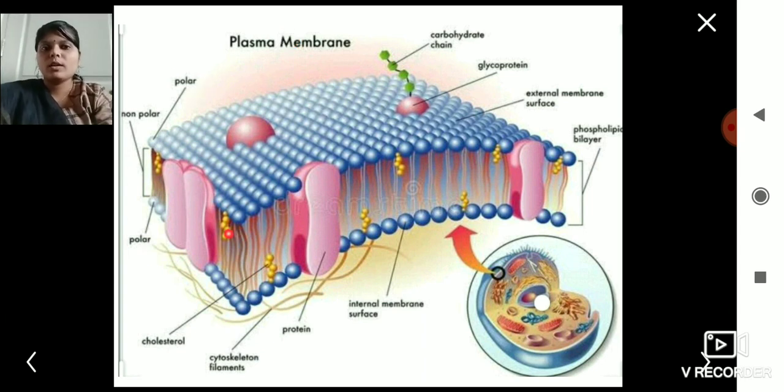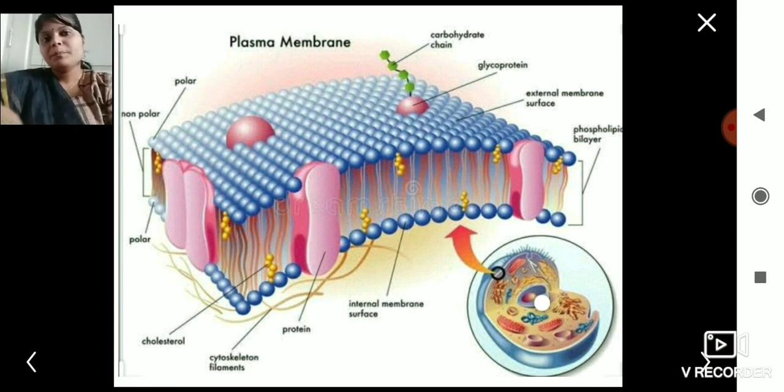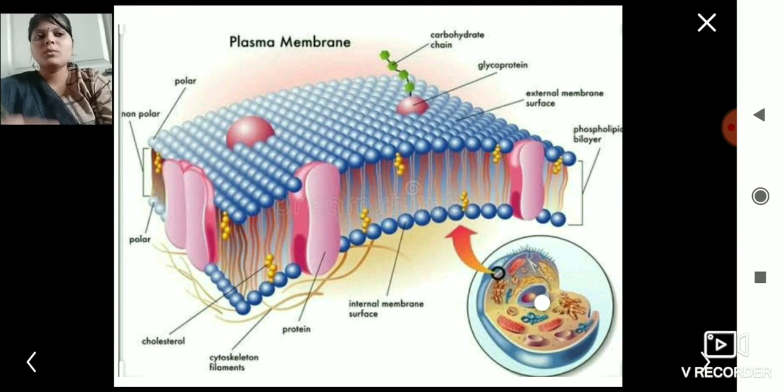The nonpolar end, which is inside in the form of a tail, is embedded with different kinds of proteins, transmembrane proteins, integral proteins and peripheral proteins, which facilitate simple diffusion and facilitated diffusion. Specific transmembrane proteins are present which are very specific in transporting molecules.